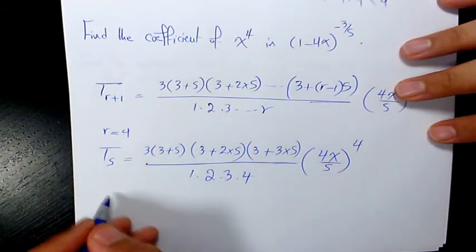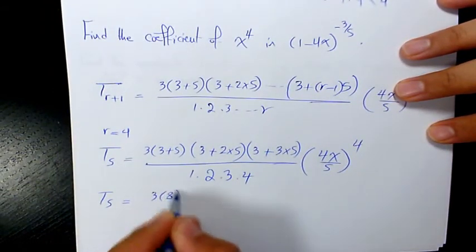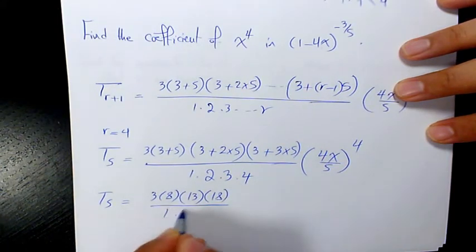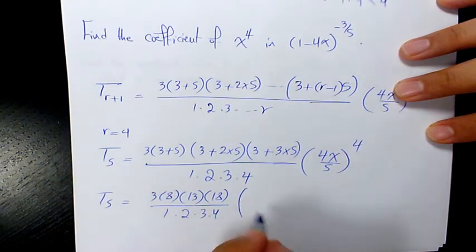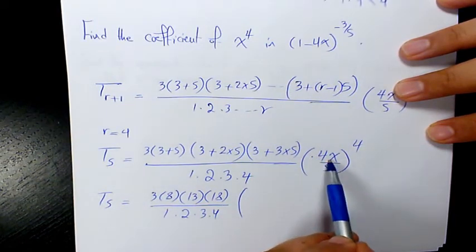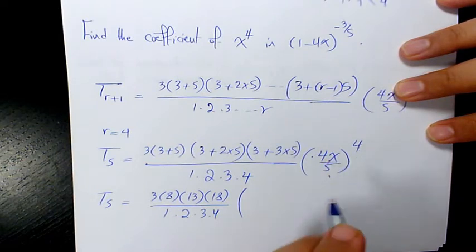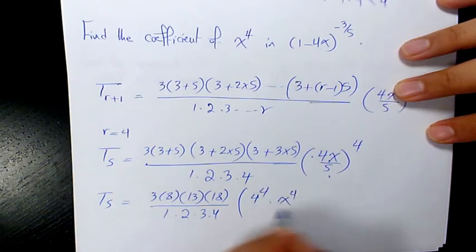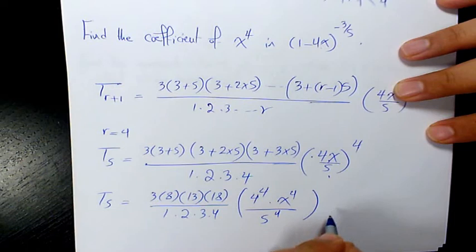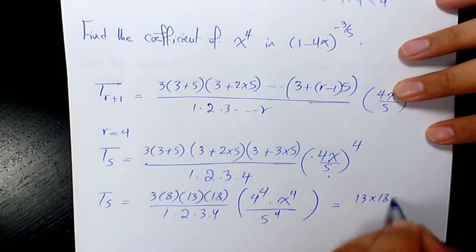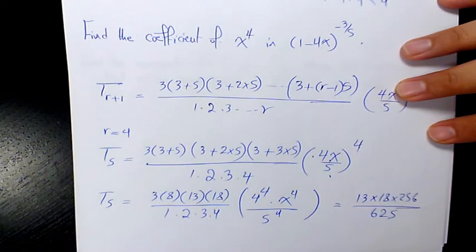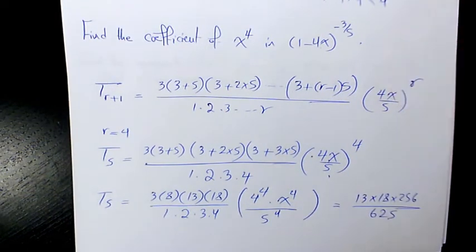So that's t5 equals 3 times 8 times 13 times 18 over 1 times 2 times 3 times 4, (4x over 5) to the power of 4. So that's going to be 4 to the power of 4, x to the power of 4, 5 to the power of 4. So the expansion, when you do it, is going to be 13 times 18 times 256 over 625. So that's going to be the coefficient of x to the power of 4.